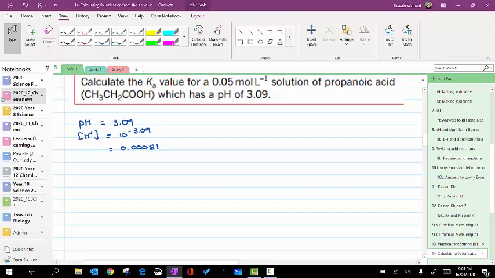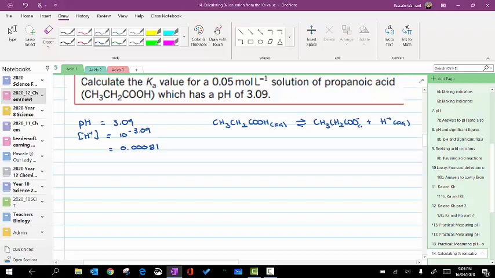Now again, we need to write an equation for the dissociation of this acid and an ICE table. So the equation for the dissociation of the acid is as follows. Okay, now if we put together an ICE table, it's going to look like this.